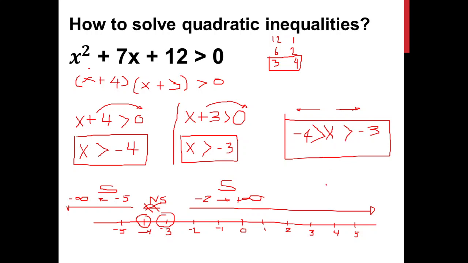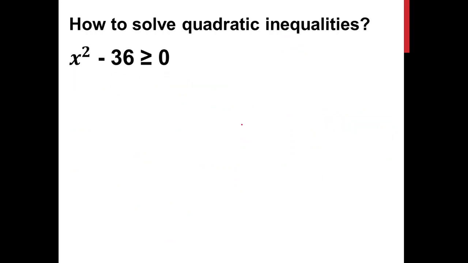Let's have another example. Let's do it on the next page. Okay. So I have here x squared minus 36 greater than or equal to 0. Again, we can solve this one using the equation technique of extracting the root.